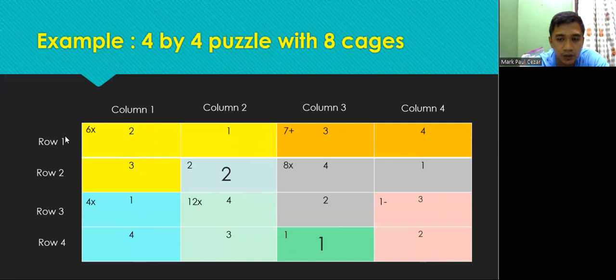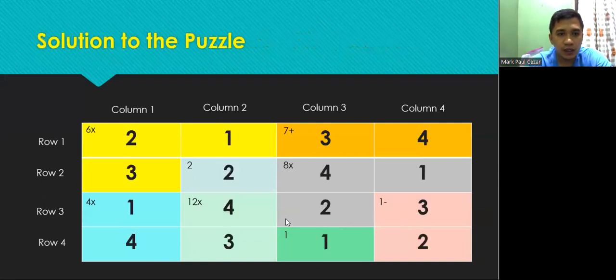So let's check with our rows. Row 1: 2, 1, 3, 4. 3, 2, 4, 1. 1, 4, 2, 3. And 4, 3, 1, 2. So there is no repeated number. So do you think we solved the puzzle, guys? Class? Yes. So our final answer here is this one.